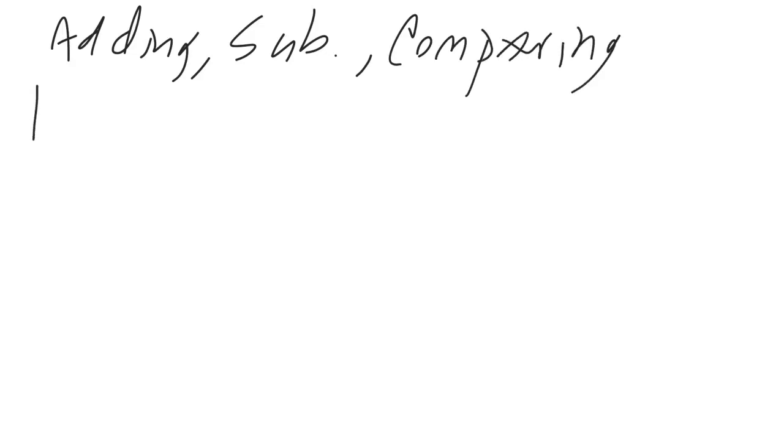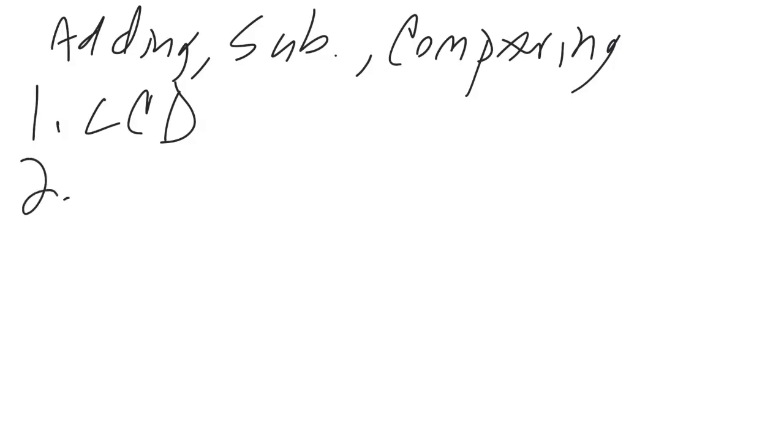So when adding, subtracting, or even just comparing fractions, there are 4 steps. So whenever you are adding, subtracting, and I'm just going to abbreviate that, or comparing fractions, there are 4 steps. And so the first step is you want to find the lowest common denominator, or the LCD.